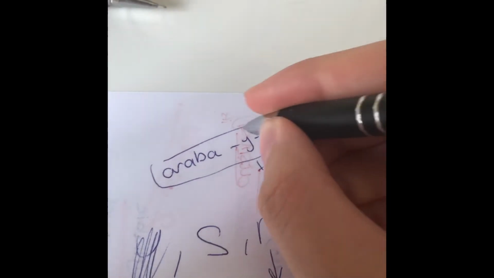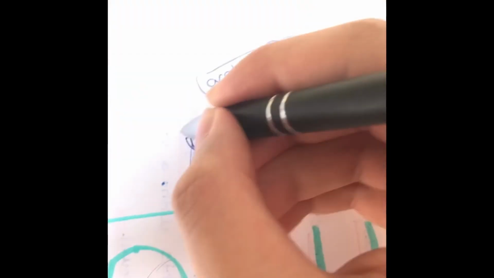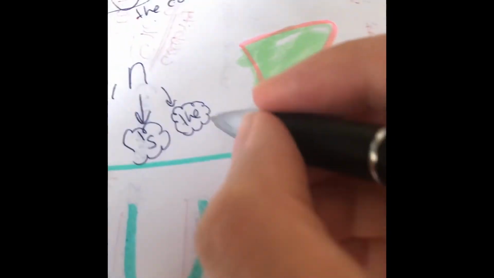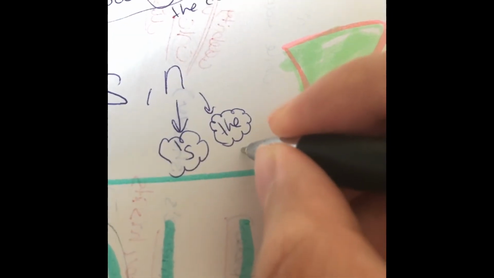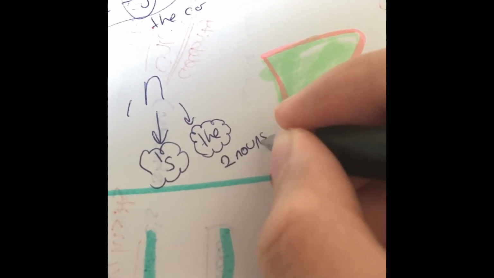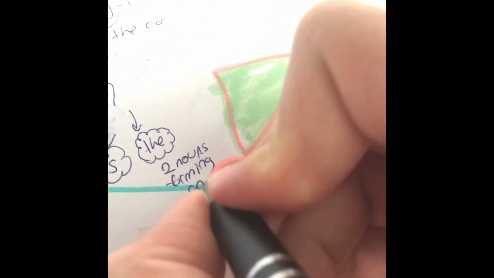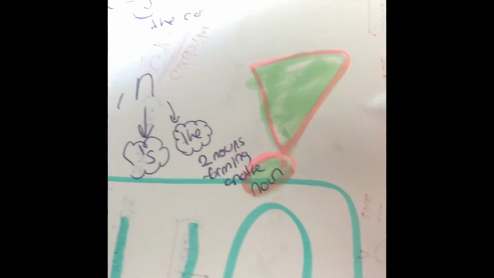But if it's not like this, as I gave as an example before, araba means car, and you say arabayı when you want to say the car. So ı, here I crossed it, but ı is used as the too. But this the is used with what's known as two nouns together. Two nouns forming another noun. Okay?